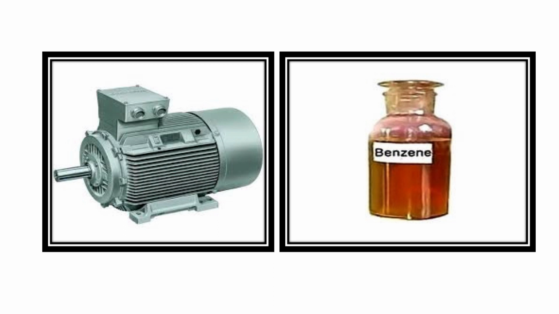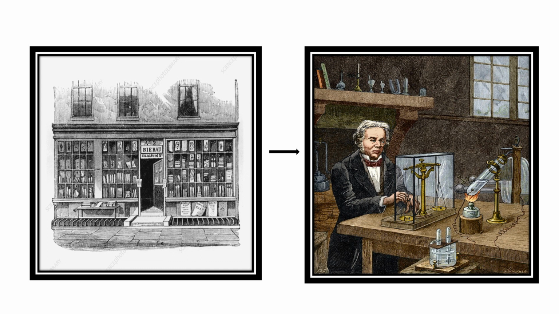So, both chemist and physicist, the father of electricity is Sir Michael Faraday. He educated himself by reading books on a wide range of scientific subjects while working in a bookshop. So, from a simple bookbinder to a great scientist.